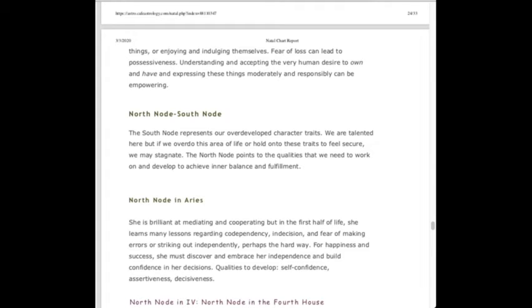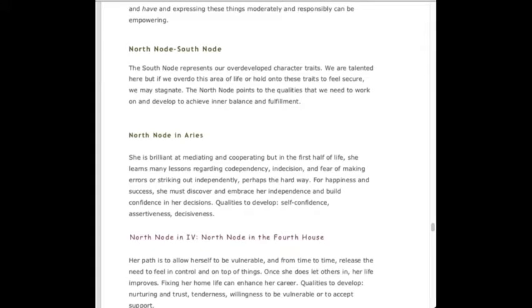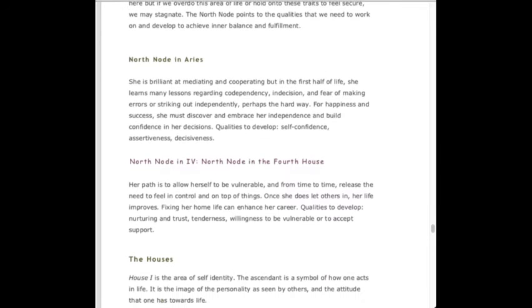For happiness and success, she must discover and embrace her independence and build confidence in her decisions. Qualities to develop: self-confidence, assertiveness, and decisiveness. Okay, and then we talk about North Node and the fourth house. I'm not going to go into that.